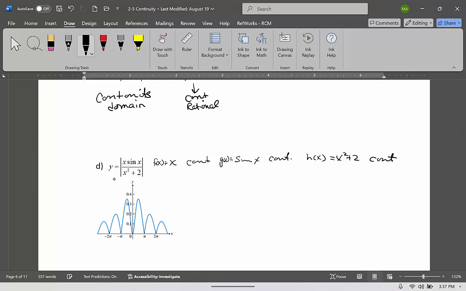Okay? So that means that the product x times the sine of x is continuous because it's the product of two continuous functions. And then that also means that if we take this continuous function and divide it by another continuous function, this is the quotient of two continuous functions, so this is continuous.